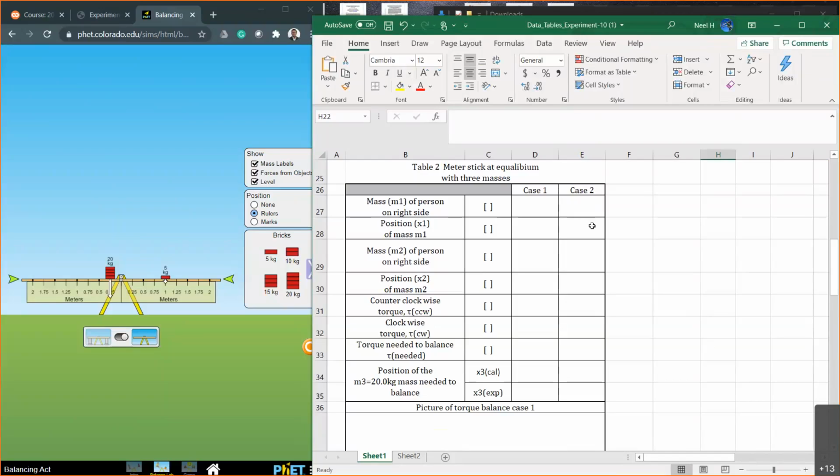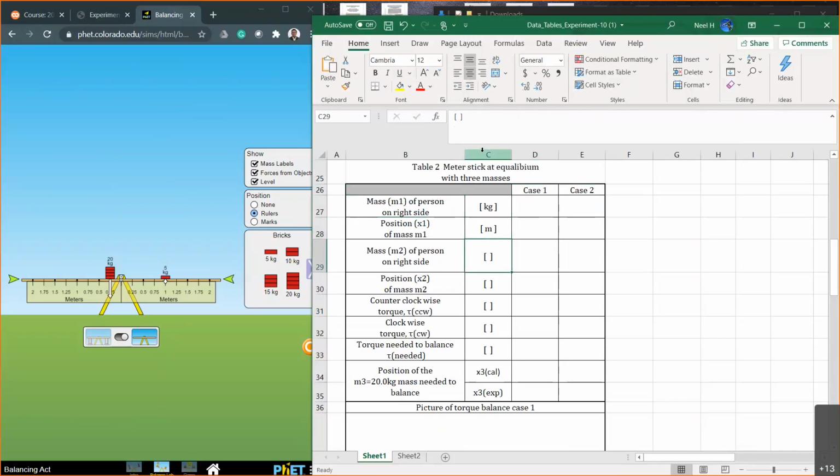So now in this case, the meter is going to be at equilibrium. We try to make it equilibrium under three different masses. Again, the mass is measured in kilograms. In this case, the simulator can actually select persons instead of mass. We can use that here. So mass of the person on the right side, kilogram. Position of the person on the right hand side in unit meters.